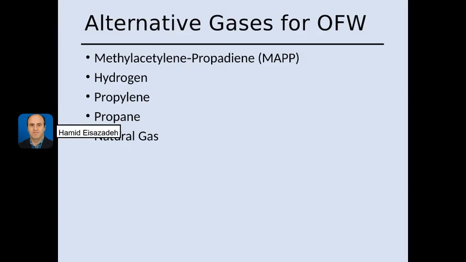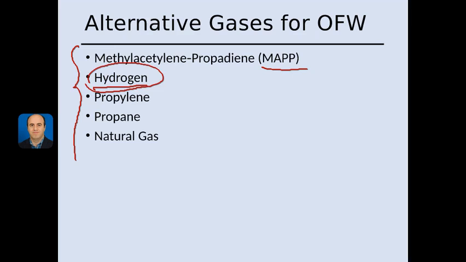There are various gases that can be used for oxy-fuel welding. MAPP gas is one of them. Hydrogen can be used. Hydrogen these days has less use because there are some safety concerns, because hydrogen burns very fast, and it has one reaction.